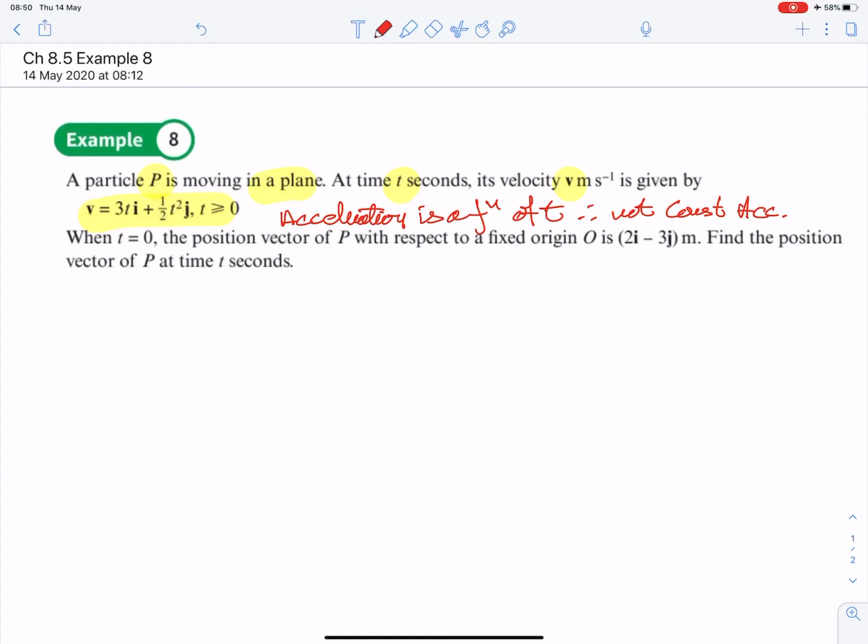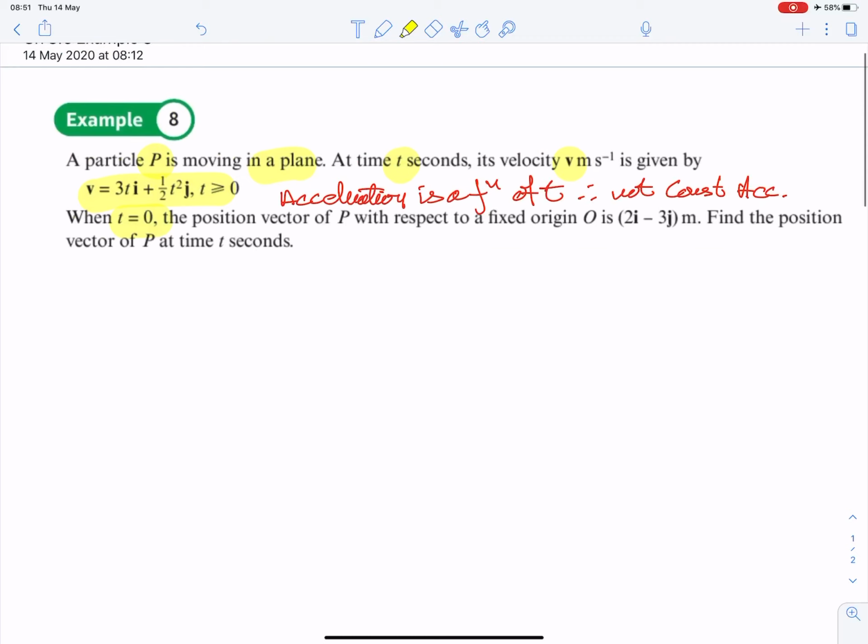context. Okay, when t equals 0, the position of the particle with respect to a fixed origin O is 2i minus 3j. Find the position vector of P at time t seconds. So we've got to find the position vector.